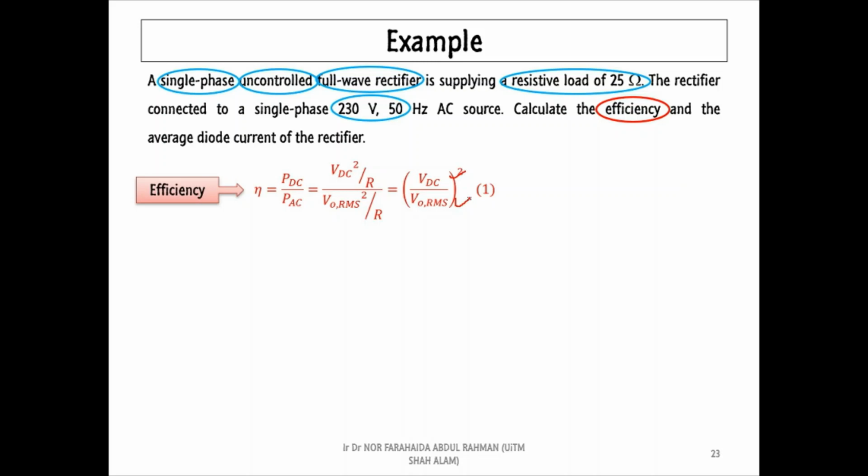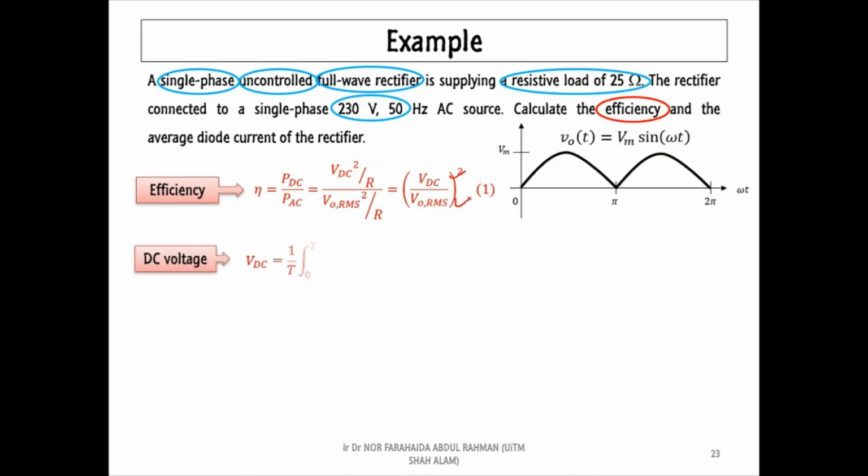To find the average output voltage, always remember to start the calculation with the general equation and the output voltage waveform. Based on the previous discussion, I have taught you how to determine the T values in the equation. As a result, we have this equation.